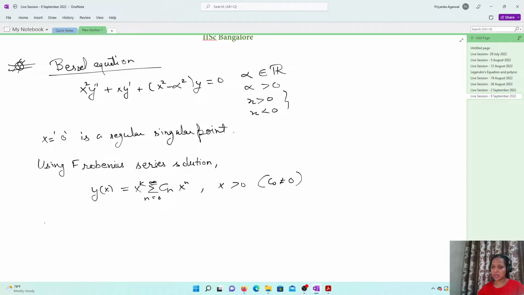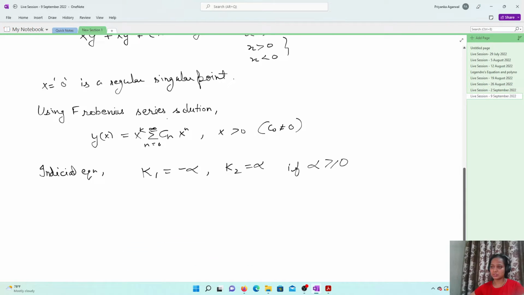Now for this, as you have been shown in the lecture, you get the values of k as minus alpha and alpha, and here we are assuming that alpha is greater than or equal to 0. Now we can write the general solution.